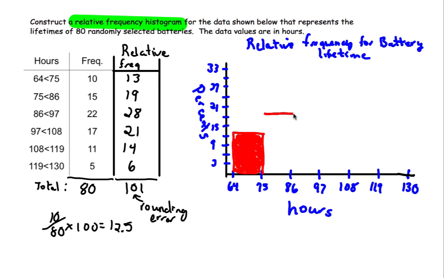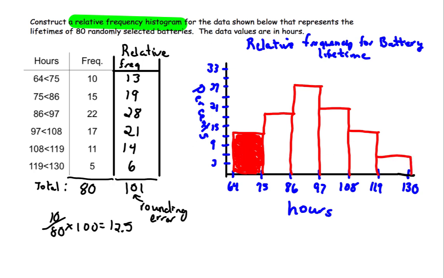So up to 19. And connecting, remember, no gaps in between the bars. Up to 28 for my third class. My fourth class has a relative frequency of 21, so I go a height of 21. My next to last class has a relative frequency of 14, so a height of 14. And then the last class, relative frequency of 6%, so I do a height of 6.